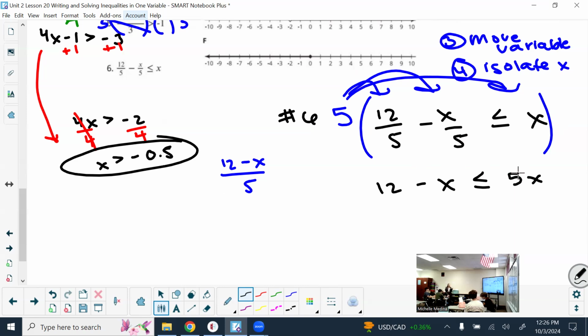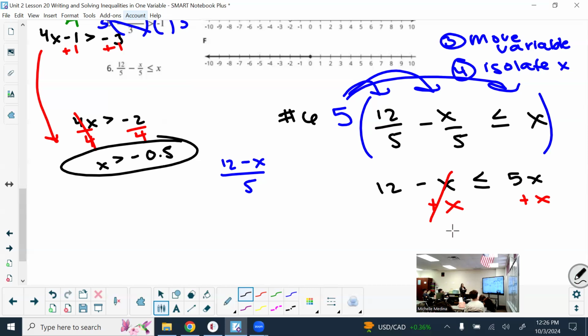This is much easier to solve now. So when you see a problem on your test that looks kind of gross like this, consider making it not a fraction anymore by multiplying by the denominator to each term. And now it's much easier to solve. Which variable would you move? The negative x. And I do it by adding x, whatever you do on one side.